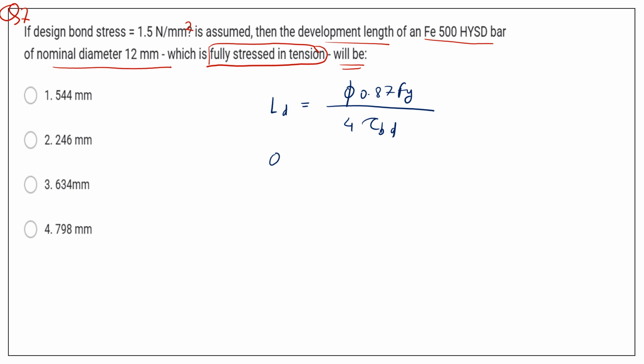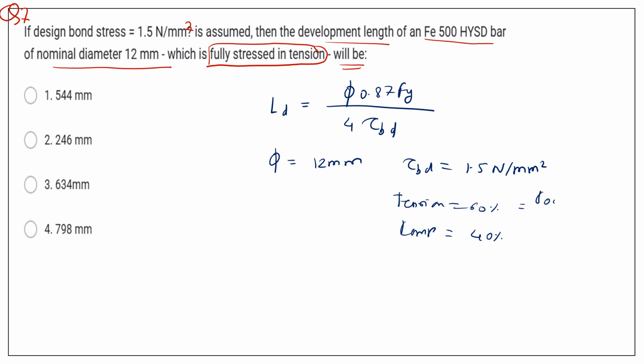Here the given values are phi is equal to 12 mm, then tau BD is 1.5 Newton per mm square. Here the tau BD in case of tension is increased by 60%, and in case of compression it is increased by 40%.